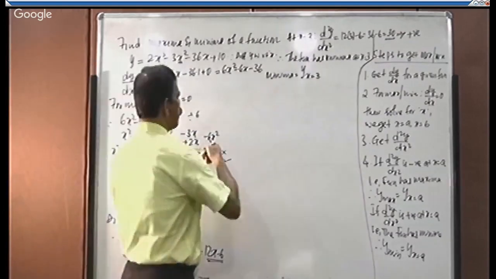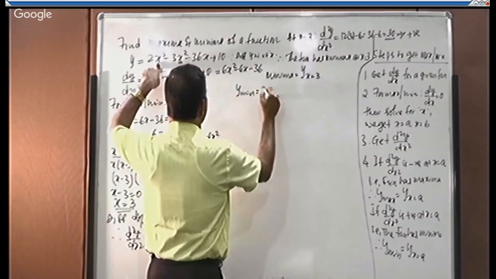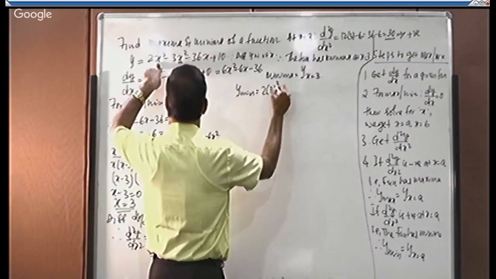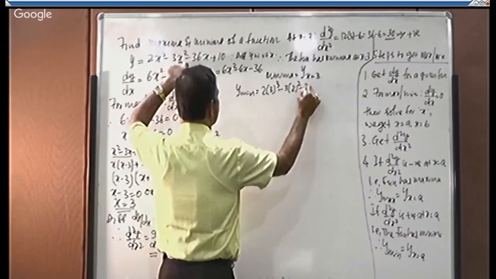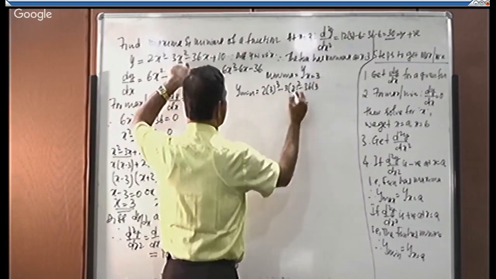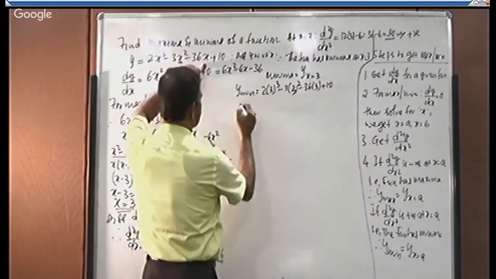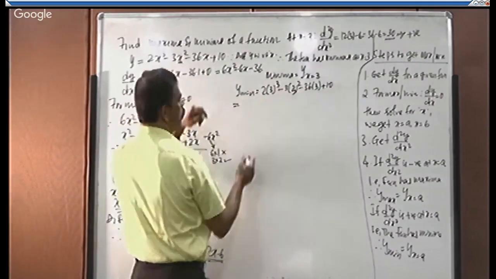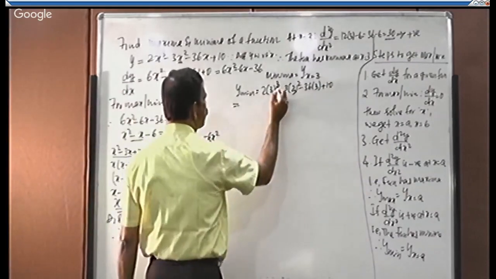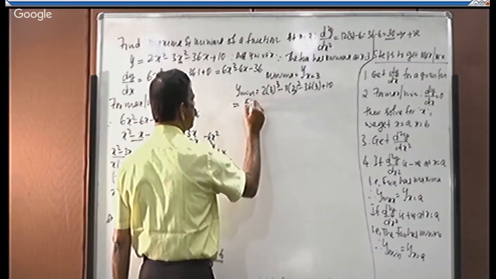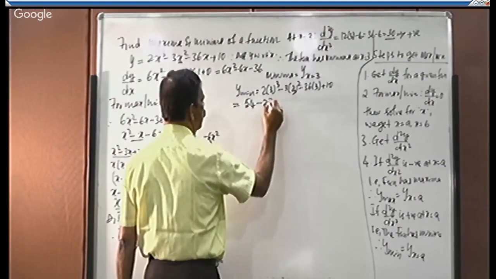Therefore, y minima is equal to 2 into 3 cube minus 3 into 3 square minus 36 into 3 plus 10. 3 cube is 3 3s are 9, 9 into 3, 27. 27 into 2, 54. 3 square is 9, 9 into 3, 27.